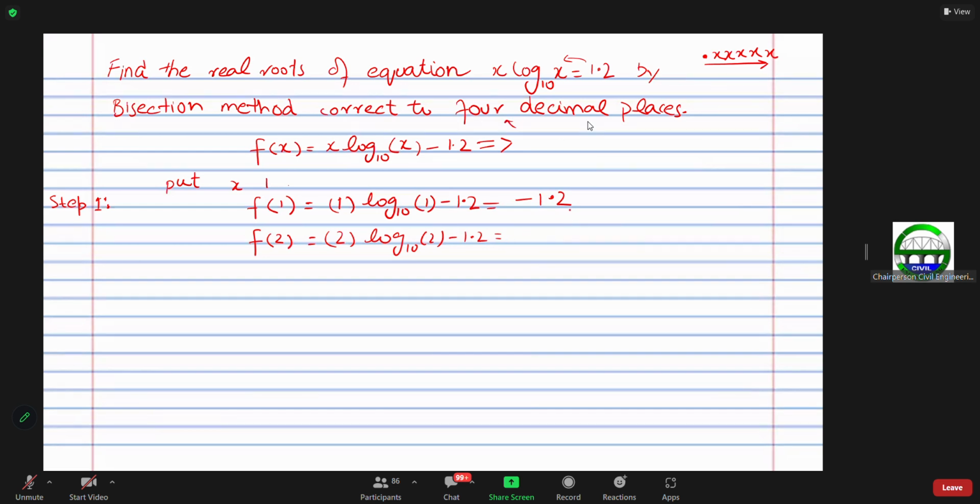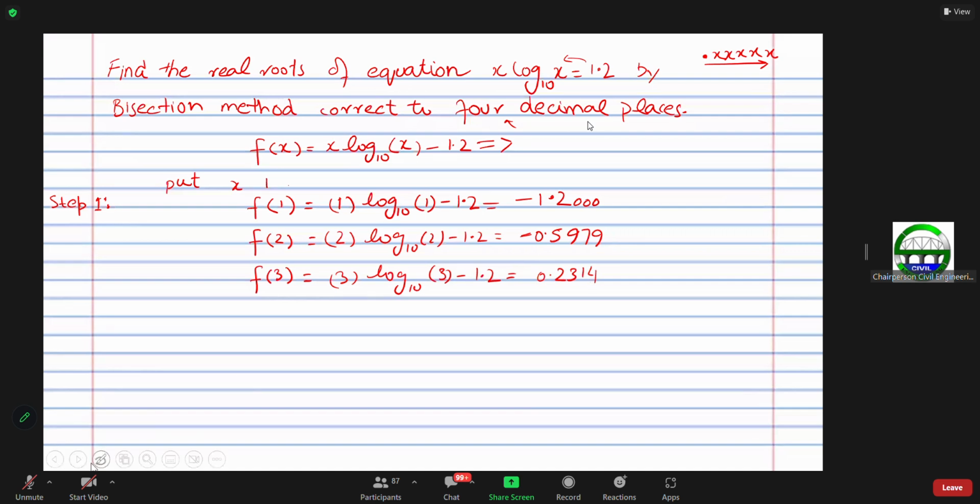Okay. So minus 0.5979. So both are negative. Okay. F of 3. Can anyone tell me f of 3? F of 3 will be 3 into log10 3 minus 1.2, which is 0.2314.